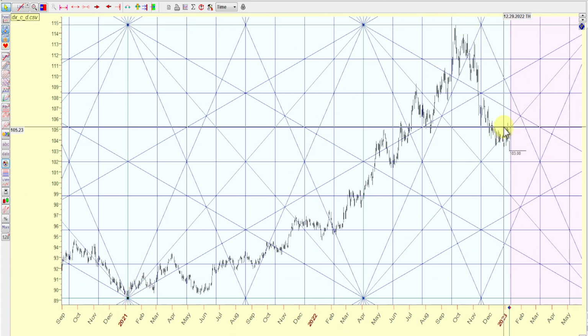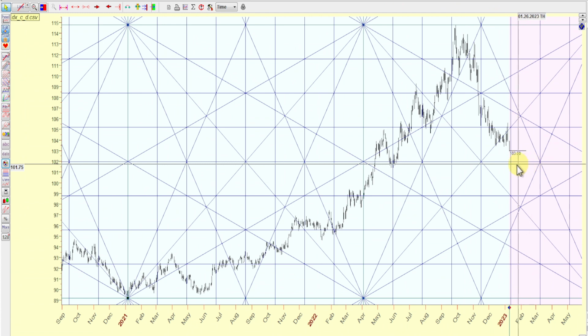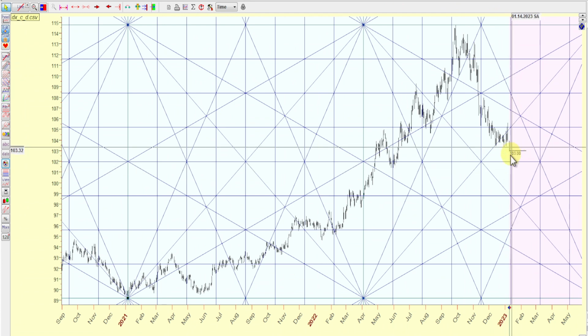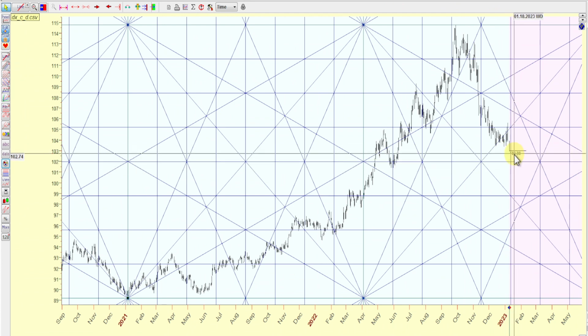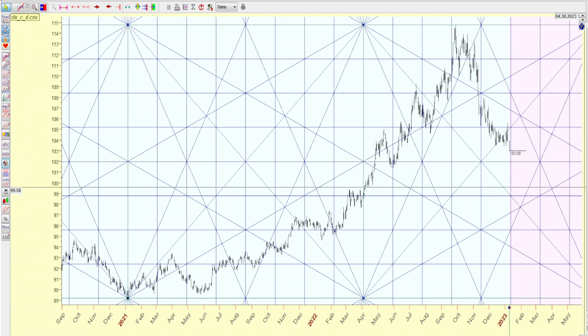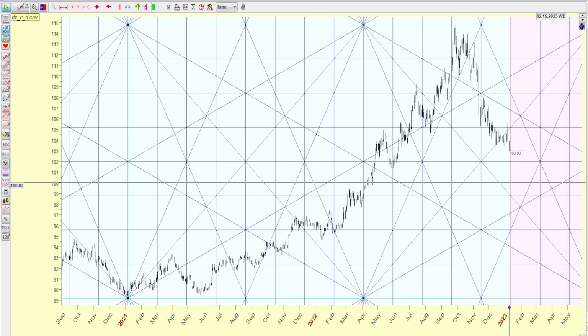You can see that we couldn't close. We were very close to closing above 105.20, but failed. Now, in regards to the 1/8, that's the 12th, January 12th, that line right there. So that's coming up. But if it's going to push lower, your next support will be 101.97. I think that's the 50% on the Fibonacci.